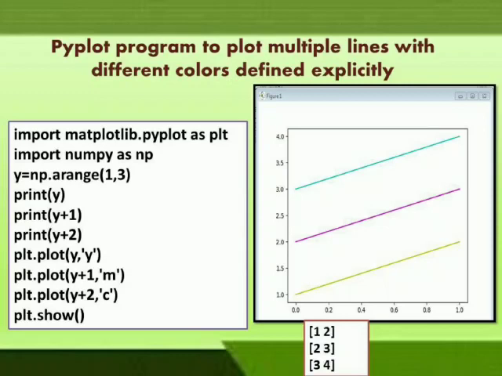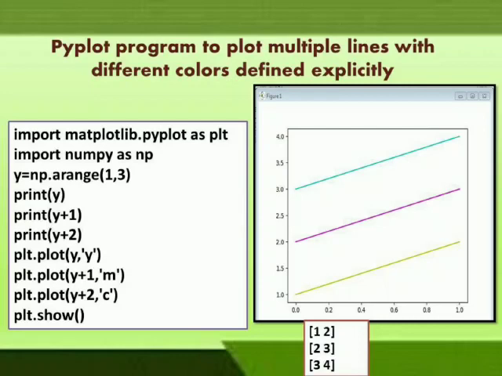This y in single quotes defines the color in which you want to print. I want to print in yellow color, so for yellow the symbol is y. Now you can see in the output the color of the first line is yellow.